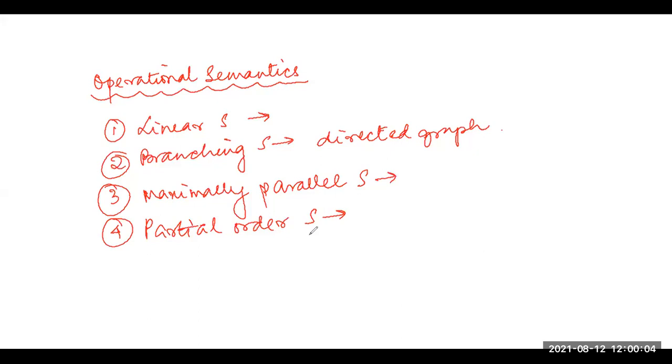So when this concept is applied, that a certain precedence ordering is there, after which the states or events of my product will be performed, this is known as partial order semantics. So these four are the types of operational semantics, that is, the ways the computations will be presented, and so the single run of the system is done, or the runs are grouped together in order to describe the system. So these are the four ways we do that.